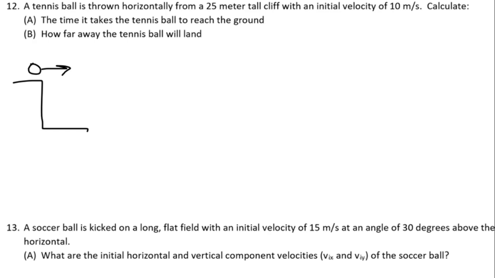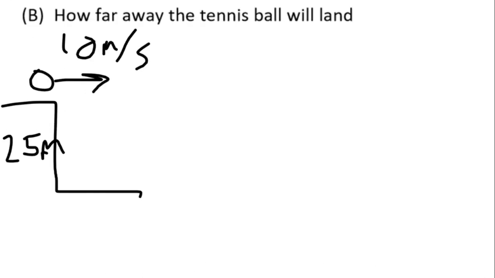So from this picture, I know that the height of the cliff is 25 meters, the velocity is 10, and I want to find the time it takes for the projectile to travel along this projectile path until it hits the bottom.